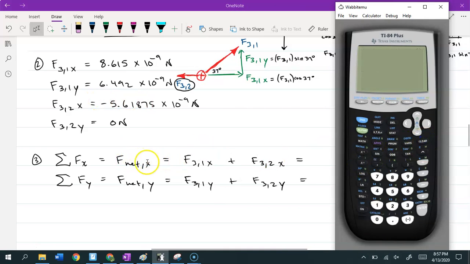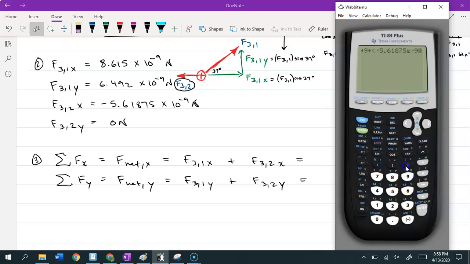So for F net in the x's, we need to take F31x, which is written right up here: 8.615 times 10 to the power of negative 9. We're taking this force and adding it to F32x, which is a negative force. So you can either add it or put a negative in front of it. So add negative 5.61875 times 10 to the power of negative 9.